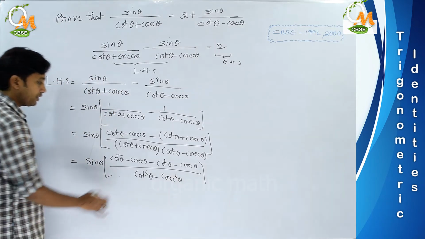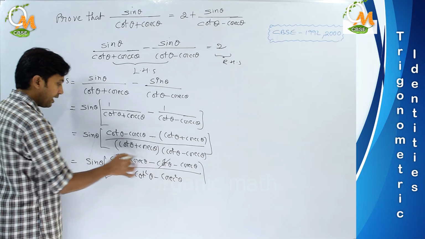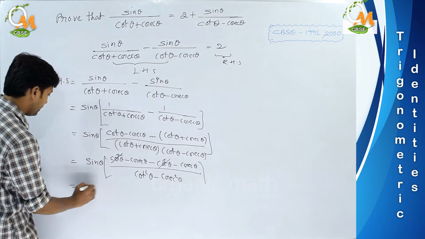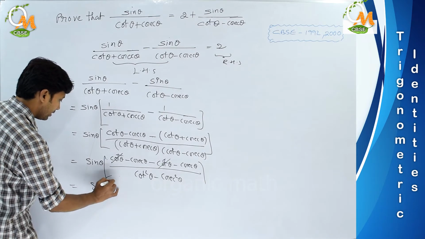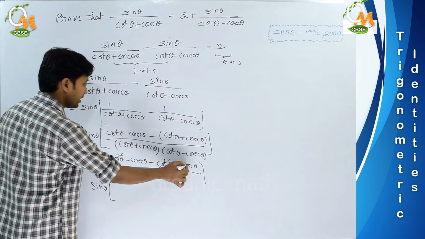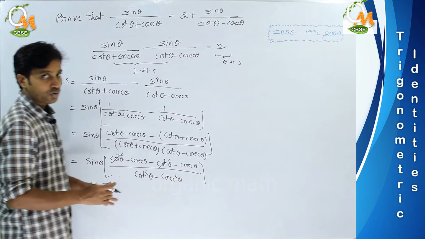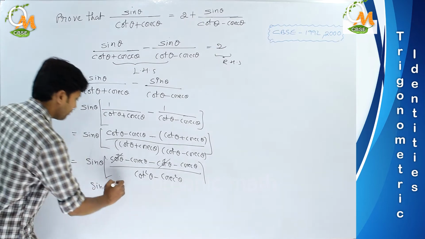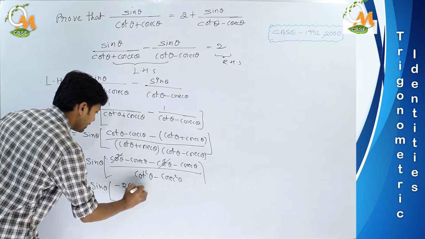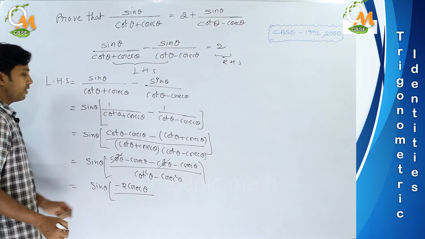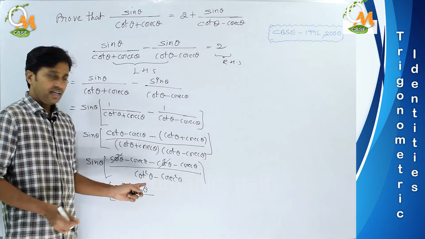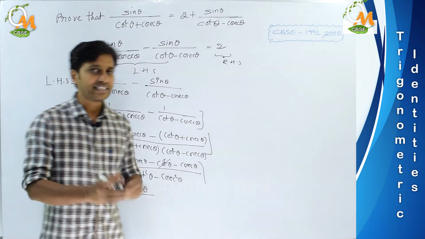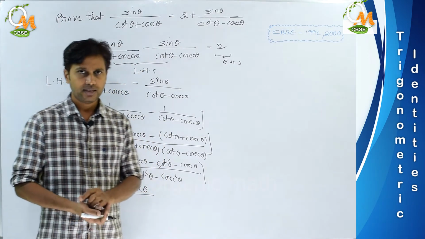Now, as cot theta terms have reverse signs, plus and minus, we can cancel them. So what remains? Sine theta into minus cosecant theta and minus cosecant theta. So the cosecant theta terms are added together with the minus symbol in front: minus 2 cosecant theta by. Now tell me, this seems to be a trigonometric identity, but we need a small adjustment.